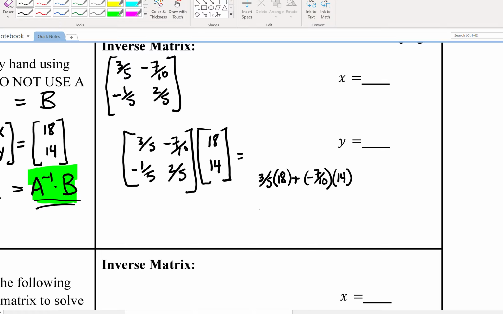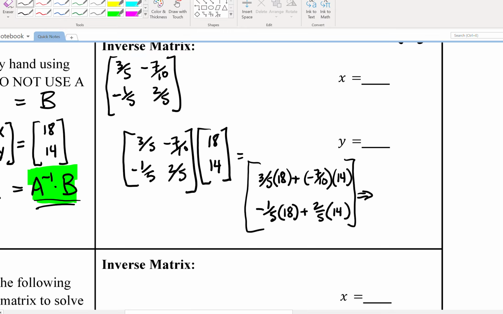And then down here, I've got negative 1/5 times 18, and I'm going to add that to 2/5 times 14. And that is my answer. I just have to simplify it. I can do that by hand.